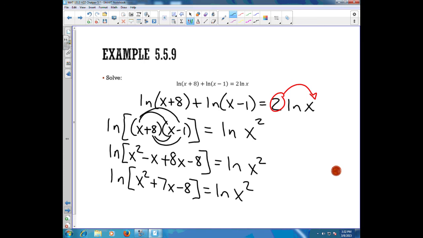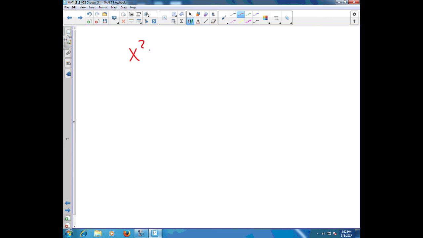Once again, because we have logs on both sides, we can essentially just drop the logs and set the other two parts equal to each other. And so what we get on the next slide, x squared plus 7x minus 8 is equal to x squared.